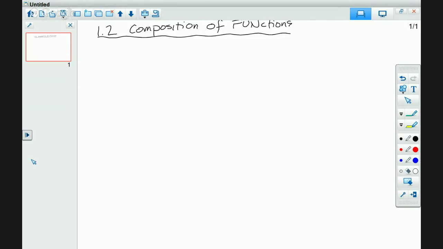So I'm going to give you some functions, and then we'll throw them together. So let's start with f, 3x squared minus 4, and g will make it easy on us.